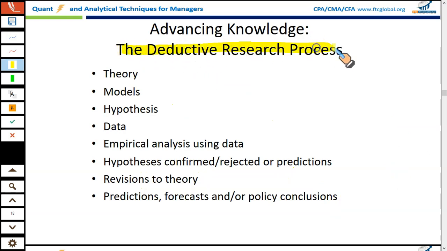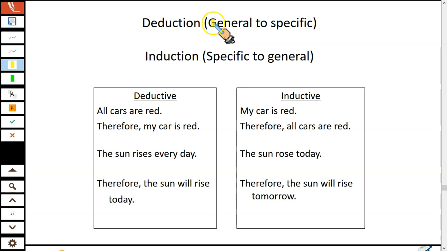The deductive research process from general to specific means we establish an idea or principle and then we test it. So all cars are red. That's a general idea. Therefore, my car is red. The sun rises every day.